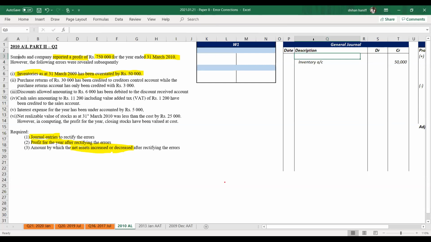Overstated means over calculated. The actual amount is 100,000, but it has been calculated as 150,000.